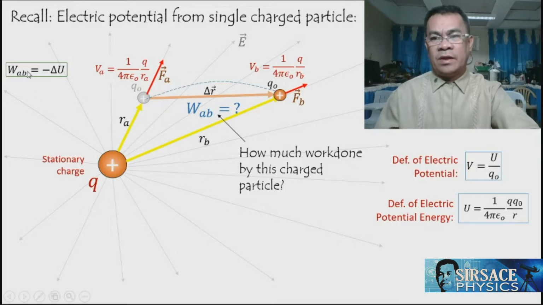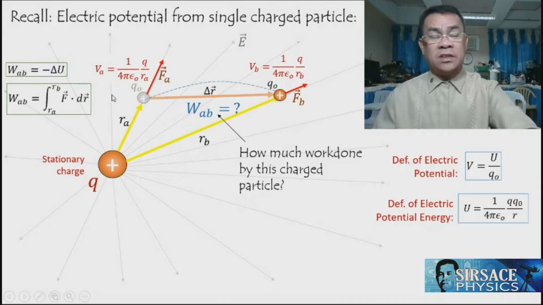To calculate the work done from A to B, you just take the change in electric potential energy from A to B. Meaning you have to subtract the energy, final minus initial, because this is change, and take the negative value because it is a negative change. So therefore, that's it. You can calculate the work done. The requirement is you have to solve the energy at A and the energy at B.